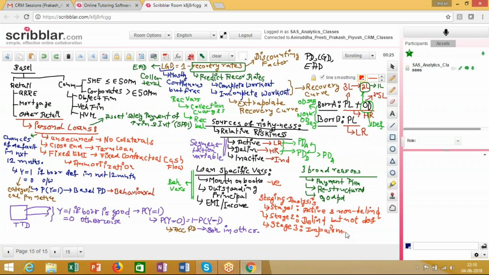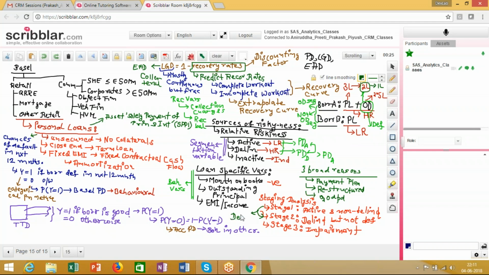So basically, if I think about these three stages simply, what you will observe is the following: as you move from stage 1 to stage 2, and stage 2 to stage 3, you actually undergo a credit deterioration. So there is a credit deterioration.